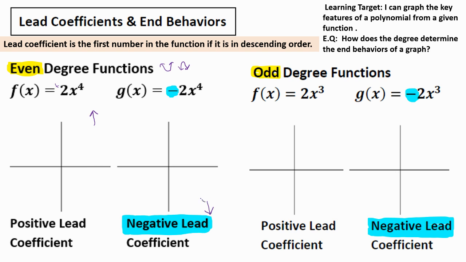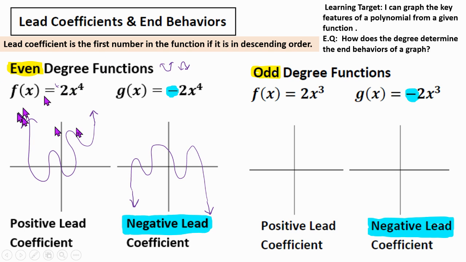Since it's even, I don't know what's going to happen all through here, but we know that they're both going to be going down. It could be a whole bunch of stuff going like that, but as long as both of them point down. Here this one is positive, so it's pointing up, and then it's going to do a whole bunch of other things and then continue pointing up. So even: both pointing up or both pointing down. If it's positive, they're both pointing up. If it's negative, they both point down.